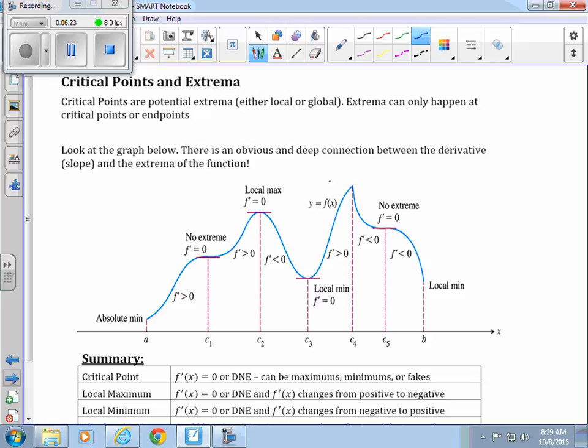If I'm walking, I can stop and turn around, and that would give me a maximum, the farthest right I went. Or I could stop, bend over, tie my shoe, get up, and keep going. And there's no maximum there, but there was still a stall. And so we have critical points that give us maximums and minimums, and then critical points that don't.